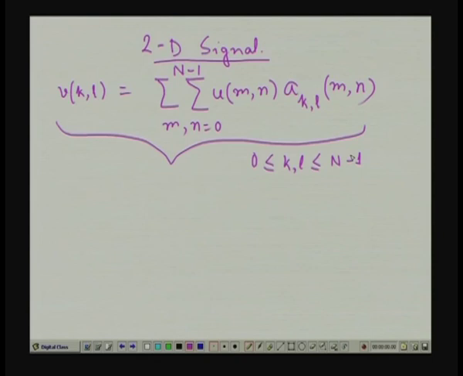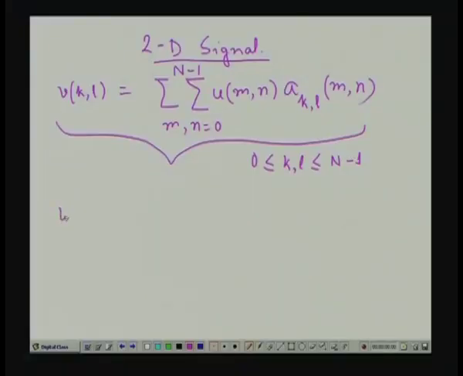In the same manner, we can have the inverse transformation, so that we can get the original two dimensional matrix from the transformation coefficient matrix, and this inverse transformation in the expanded form can again be written like this. So, from V k L we have to get back u m n.